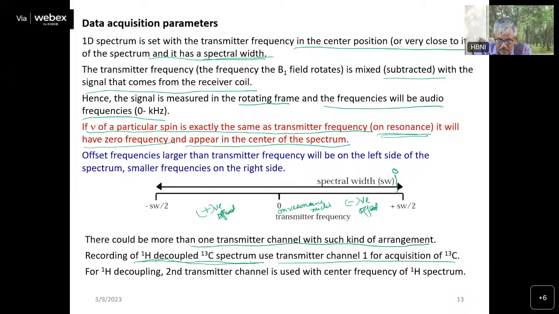So the transmitter frequency will be set for carbon-13 in the inner coil. And as we will be using decoupling, we use the second transmitter channel for proton, with the center frequency at proton resonance.